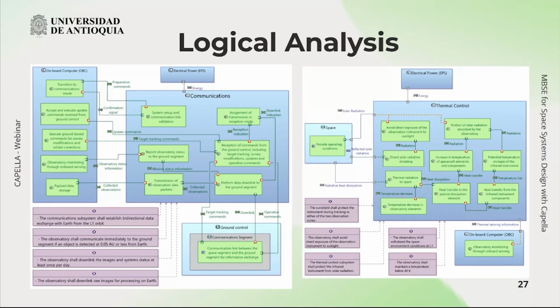functions, because there are different types of mechanisms and configuration that we can select for each subsystem in a space system. So according to this analysis, we can later select the correct components in the physical analysis. So as you can see here, this process was made for each subsystem.